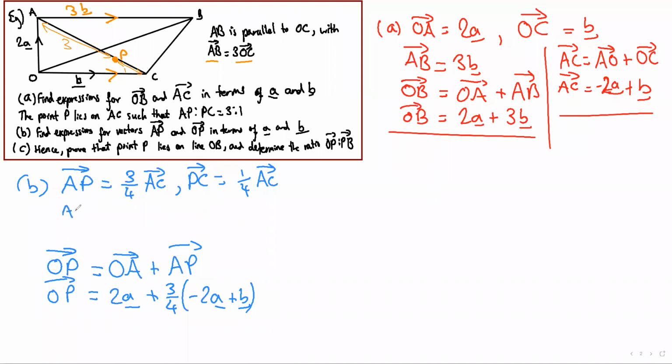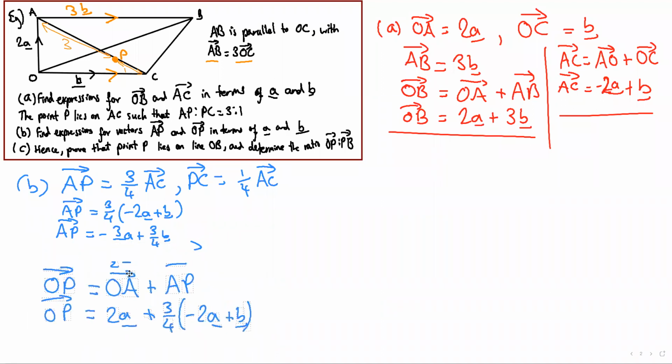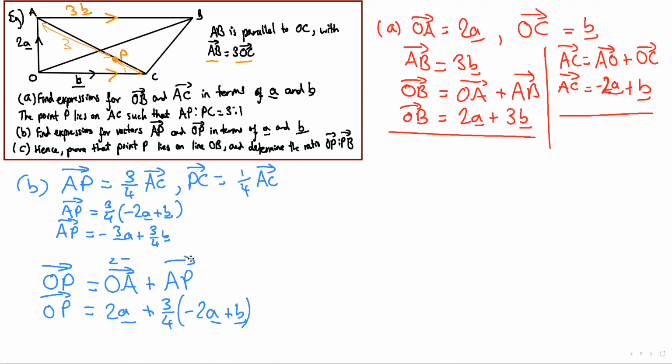That wouldn't be the final answer because we need to convert it into terms of A and B. So we know AC is minus 2A plus B. So AP will be minus 3/2A plus 3/4B. And you can check that if you need to, like when I expand the brackets out, that's what I get. So that will be your answer for AP.